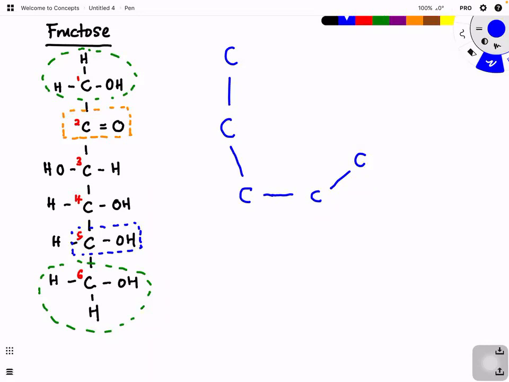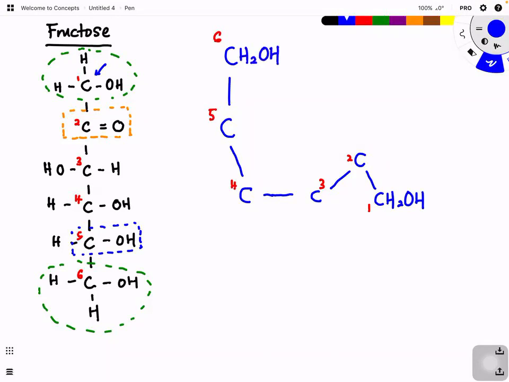We want to have a beta fructose, so carbon number 1 will be here. This group is CH2OH, so this is carbon number 1. This is carbon number 2, carbon number 3, carbon number 4, carbon number 5, and carbon number 6, which is again CH2OH.